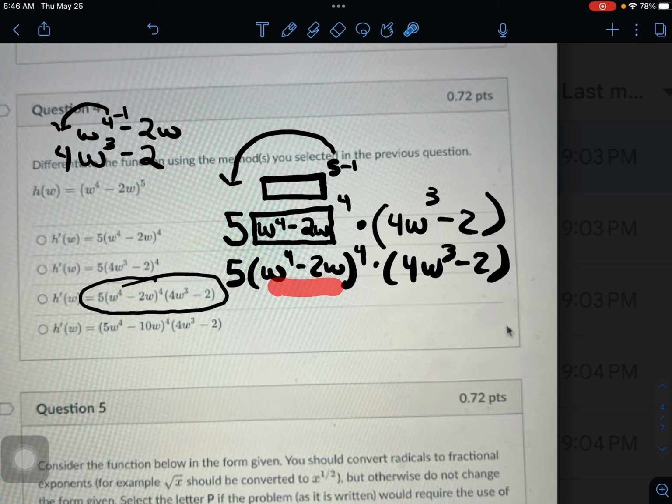Parentheses come first, then your exponent comes next. So you have to do this first, then your multiplication comes next. So you have to do this to the 4th power before you can distribute. So you actually can't distribute like this. That's why this is not the answer. You cannot distribute that 5 before you do your exponent. So this is your answer. The last one's kind of a trick answer. Some people are going to pick that, but it's not the right answer.